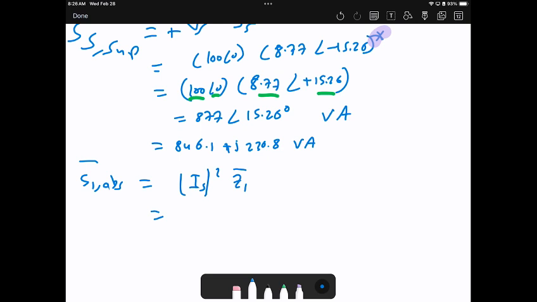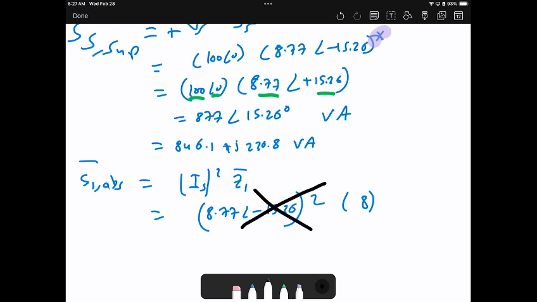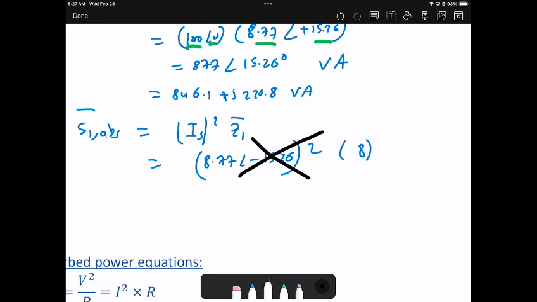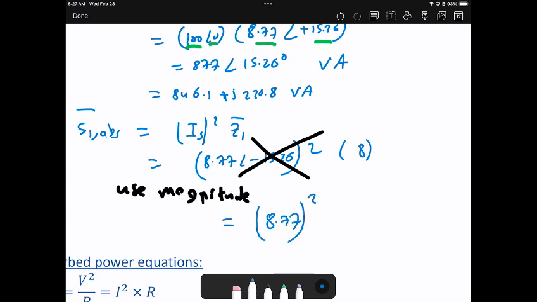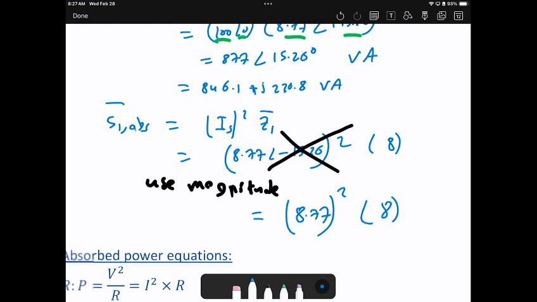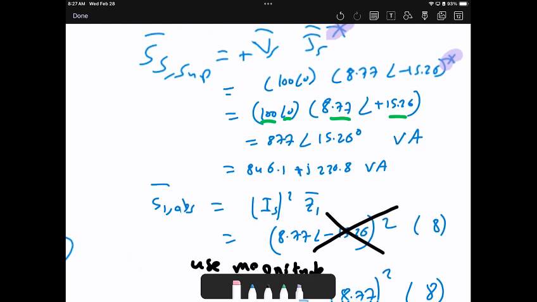For IS, only substitute the magnitude. Don't say 8.77 angle negative 15.26 squared times Z1. Why? Because we only use the magnitude, 8.77 without the angle, squared times Z1 bar, which is 8.